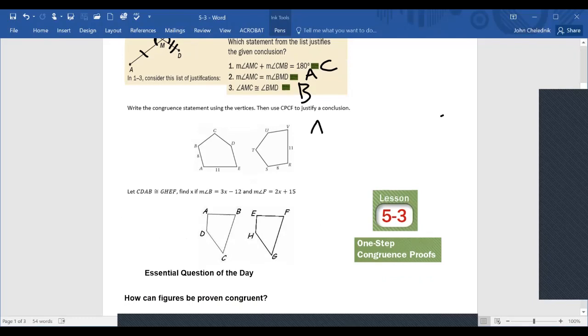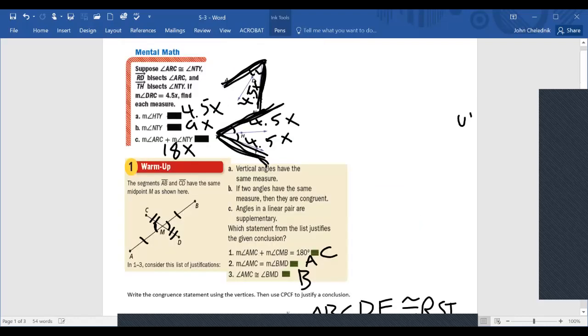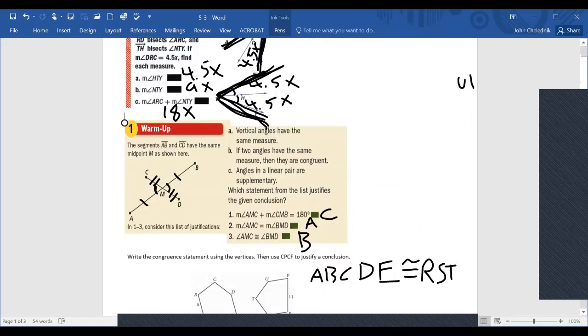Okay, let's say A, B, C, D, E, that shape on the left, A, B, C, D, E, is congruent to A corresponds with R, B corresponds with S, C corresponds with T, and so on. So it'd be RSTUV. There we go.